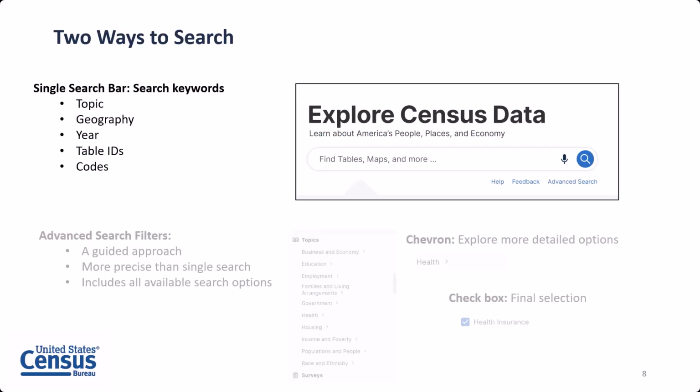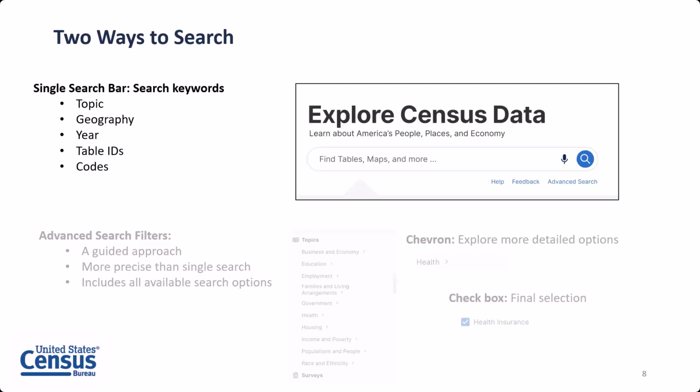So with the single search, I tend to type in just a topic, a geography, sometimes a topic and a geography, as we'll see in one of our examples. If you're looking for data from a particular year, you can type that in, or if you happen to know the table ID or a specific industry or economic code, then that's usually how I like to complete a single search.